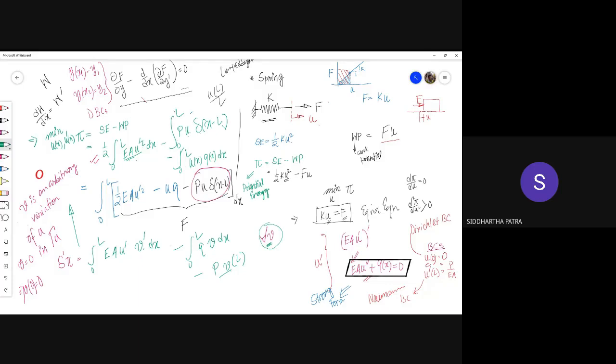So when I write it like this, for the first term I can do integration by parts, and I'll try to bring the derivative from v to u.